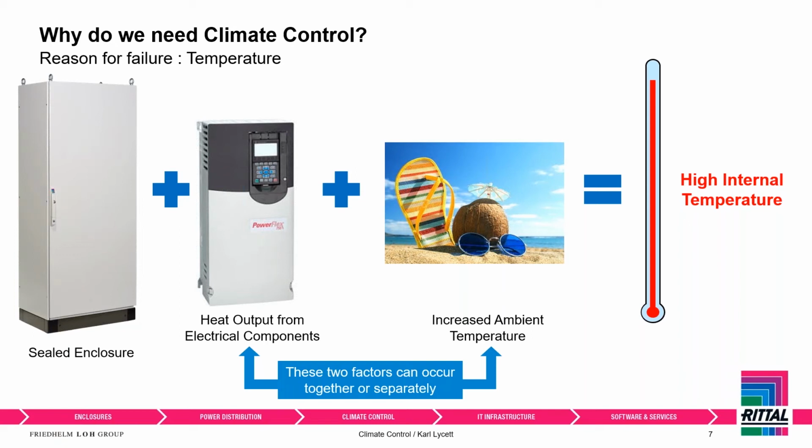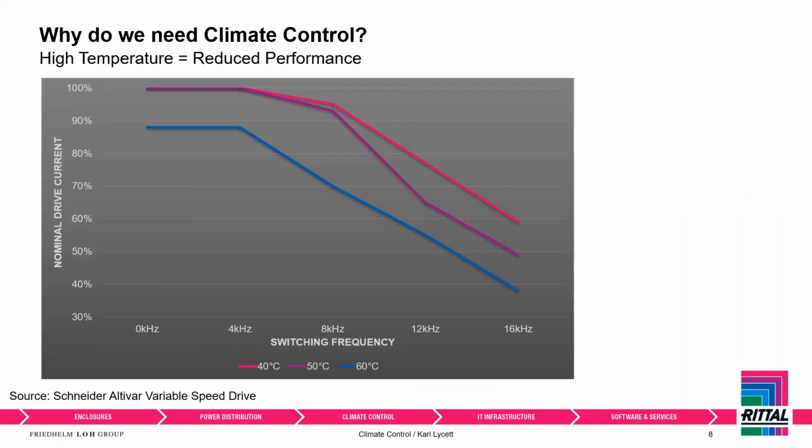So these two factors can occur together, which obviously makes it even worse, or they can operate separately. So always keep them in mind. Don't just think, oh, pish tosh, that doesn't apply to me, because in 9 cases out of 10, it will.